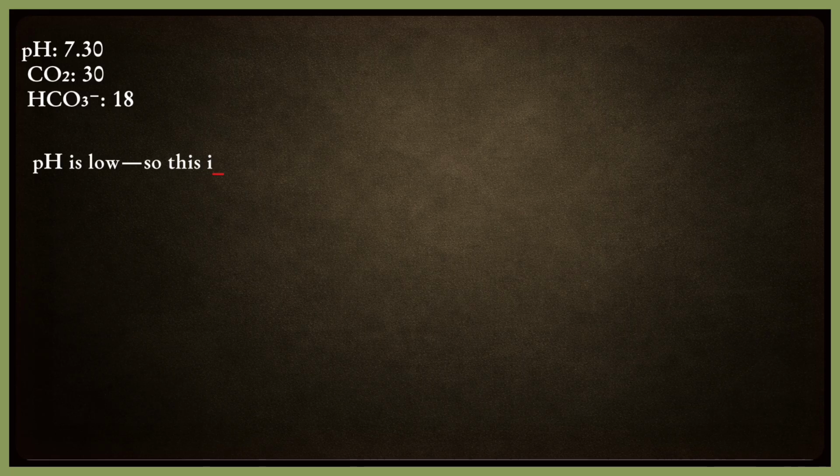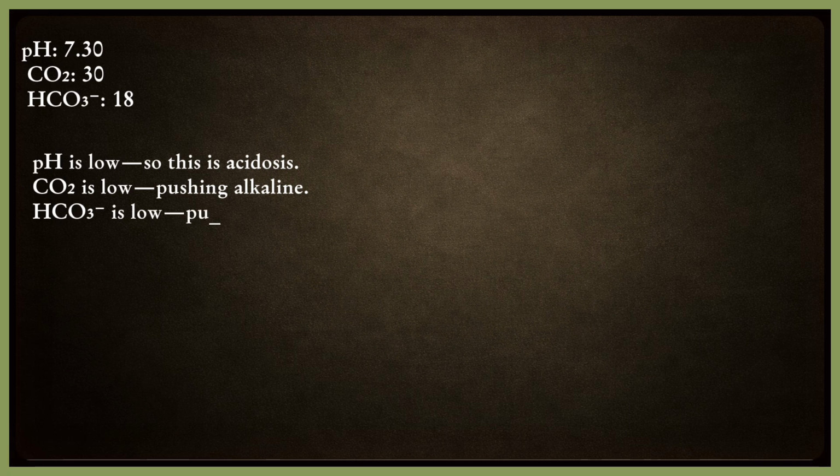Let's look at a partial compensation example. At a pH of 7.3, CO2 of 30, and HCO₃ of 18. The pH is low, so this is acidosis. CO2 is low, pushing alkaline. HCO₃ is low, pushing acidic.